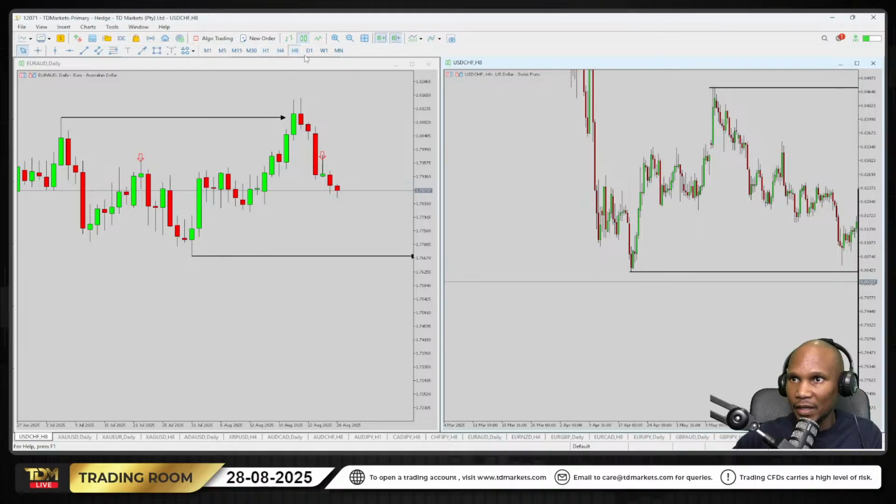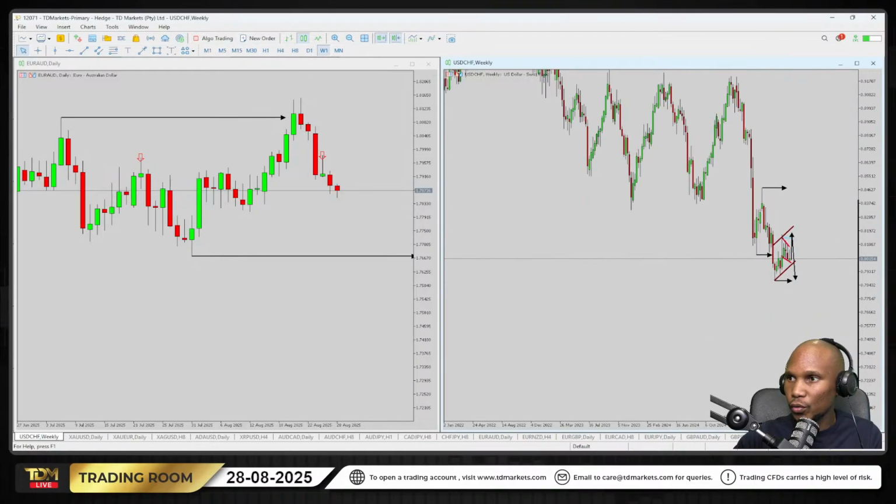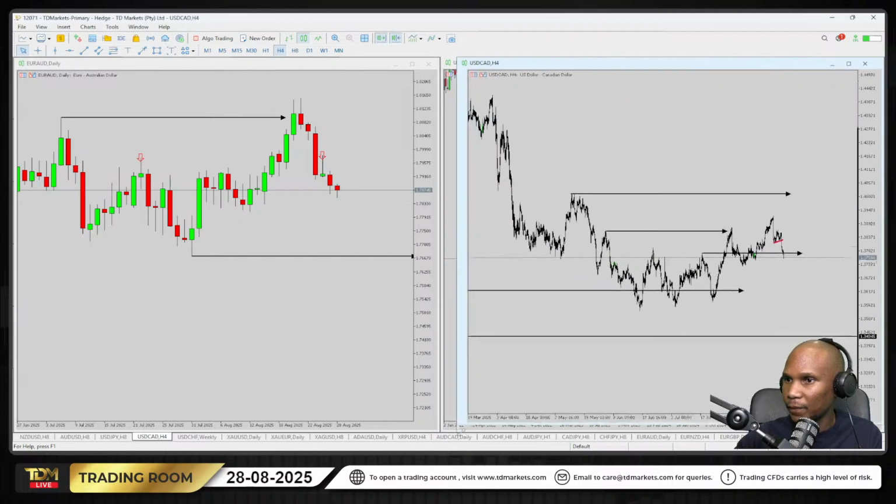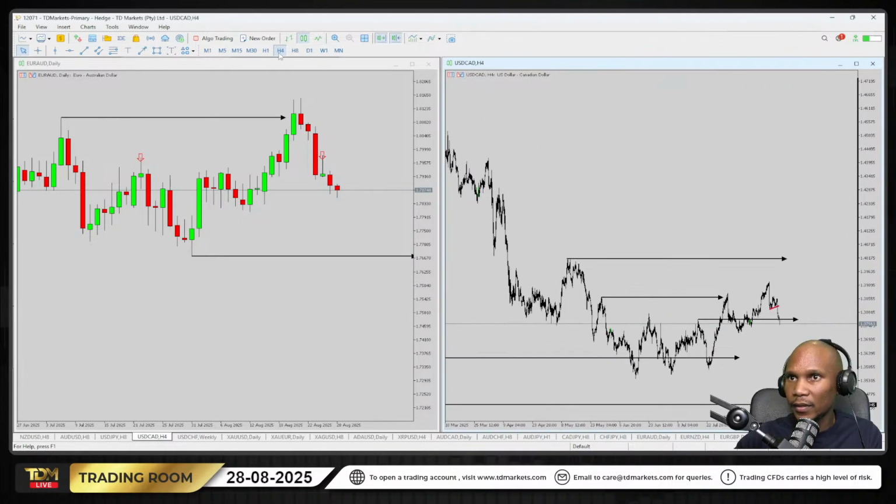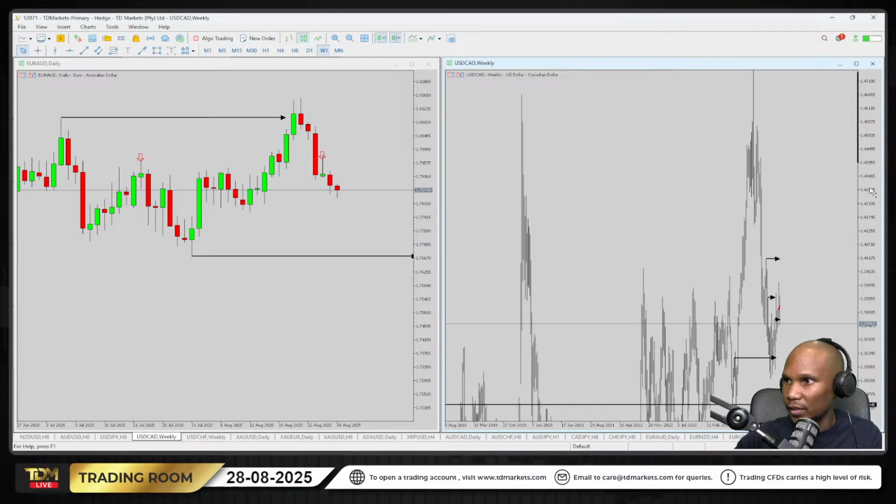But it has formed a lot of times. If you go to USD CAD, I'm going to show you the formation I'm talking about. Right. So it's this one right here.